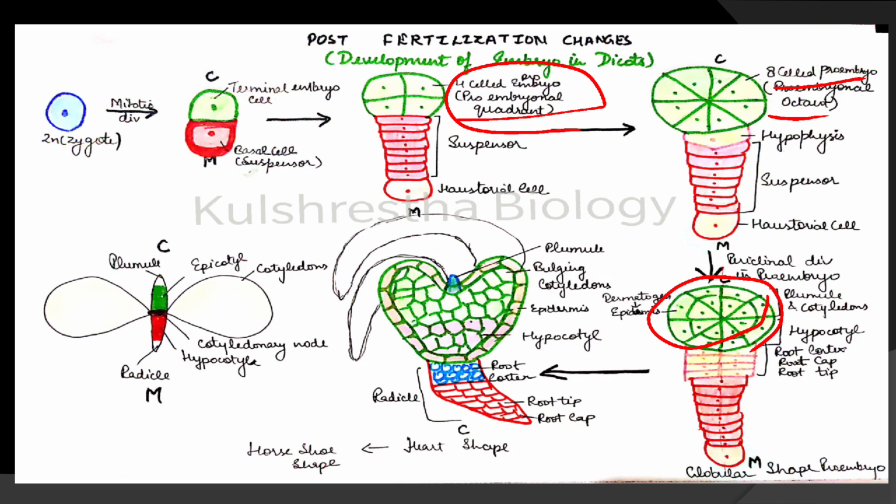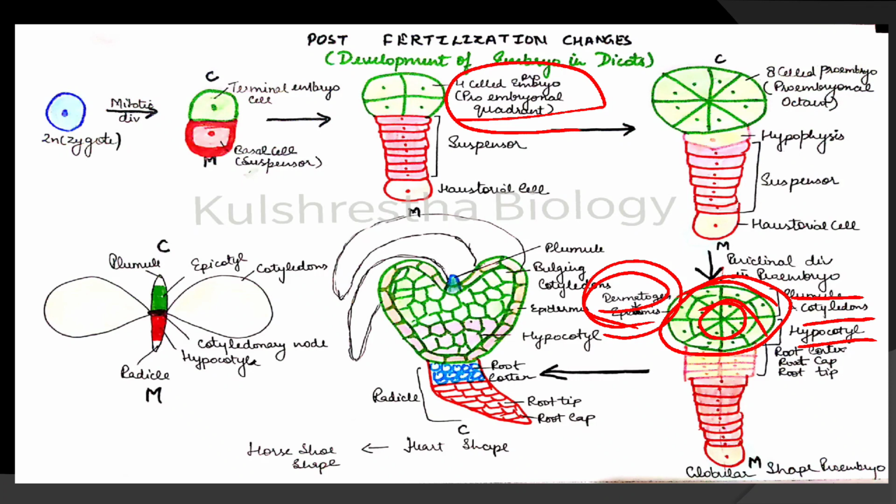The peripheral cells will form dermatogen, which later gives rise to epidermis. The inner cell mass will form plumule, cotyledon and hypocotyl. Are you getting my point?